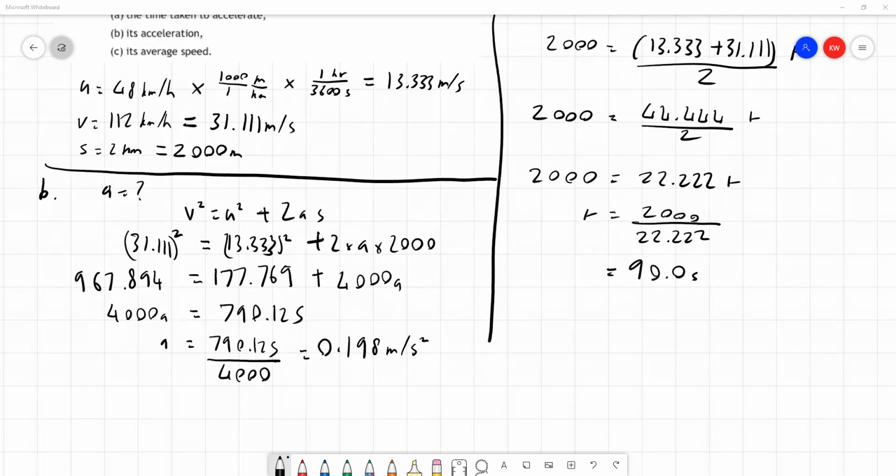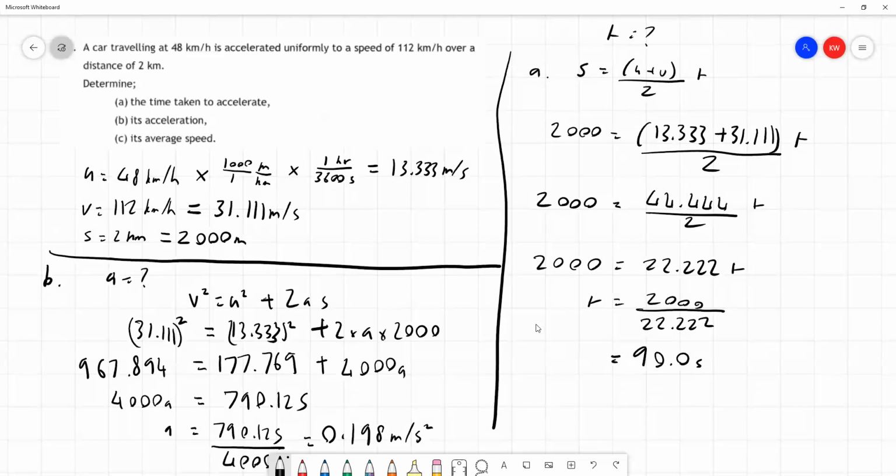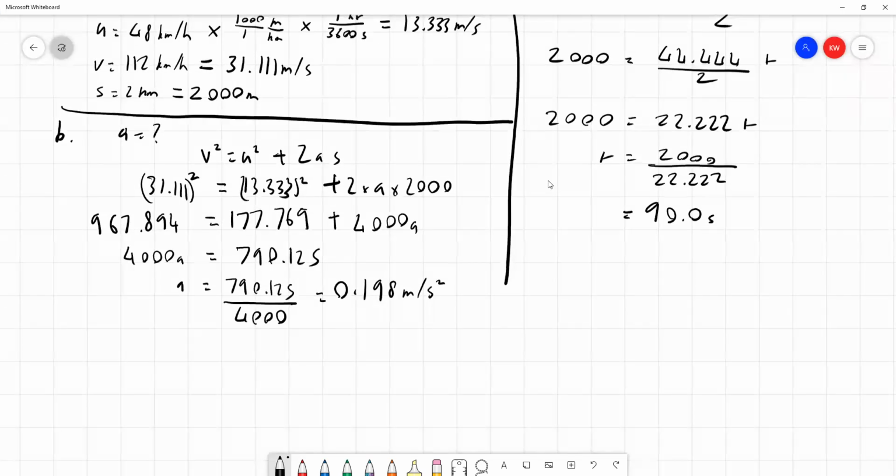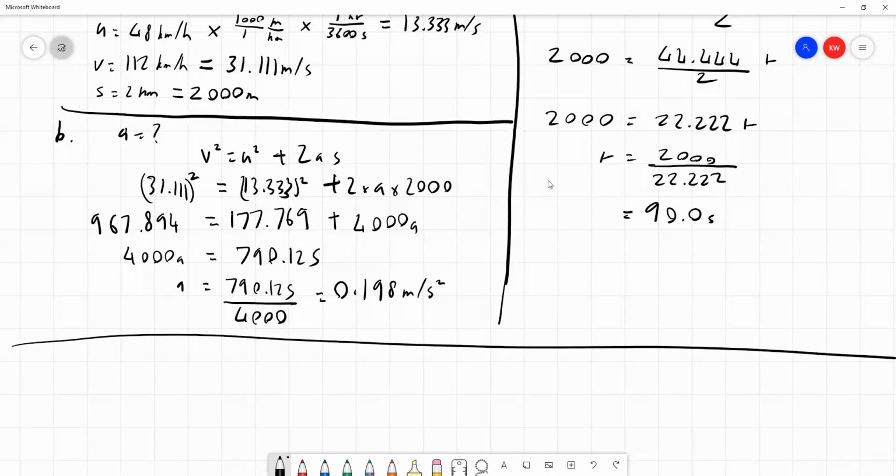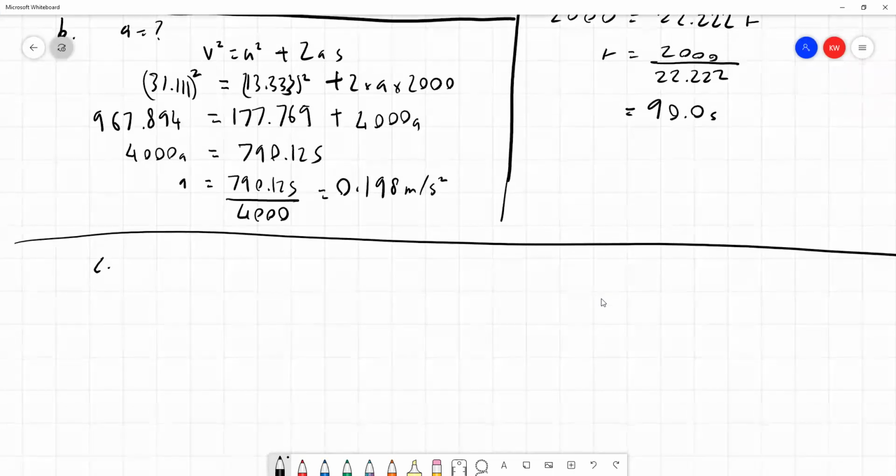So finally, we moved on to look at part C, and we might not really be sure what we're being asked here in part C, to find the average speed. That's not one of our 4 formulae, but actually it's simpler than that. I'll just draw a line across here. The average speed in any question where we have constant acceleration is the initial velocity plus the final velocity divided by 2.